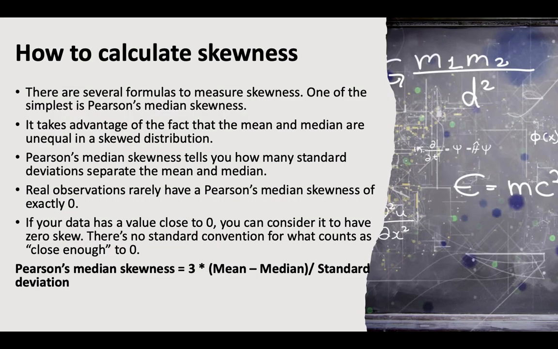Okay, how can you calculate the skewness? There can be many methods in statistical books to calculate the skewness of the data. An example given here is Pearson's median skewness. It is calculated by 3 multiplied by (mean minus median) divided by standard deviation.